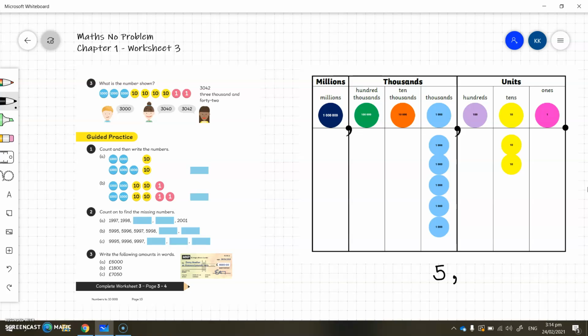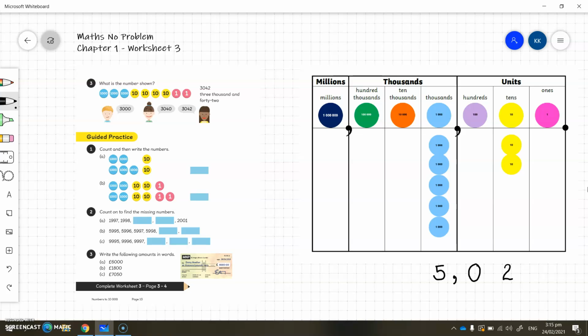I look to my hundreds place and there are 0 discs here. I need to record that as 0 hundreds. Next, I look at my tens place and I see I have 1, 2 tens, and I write that.